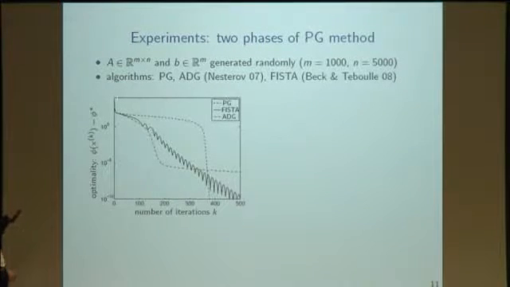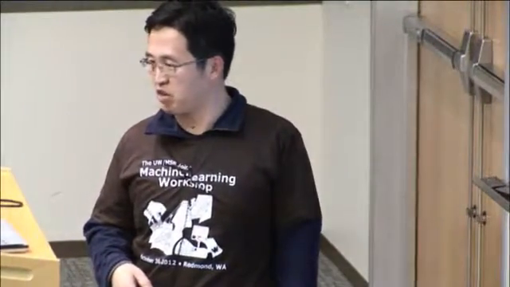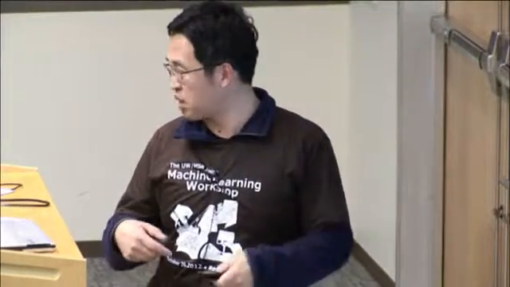This is a log scale on the vertical axis, so this is a sublinear rate. And the accelerated gradient method is faster in the beginning. If you stopped here, you'd say, yeah, I should use the accelerated gradient method, this is the best method. But if you are patient and run a little bit longer, suddenly you find a very dramatic change: very fast geometric convergence when you get close to the optimal point.